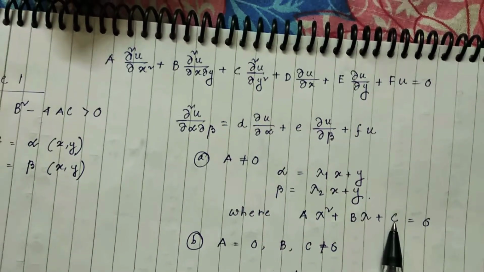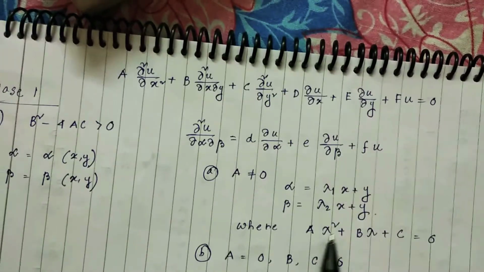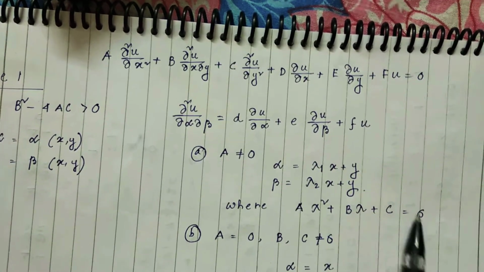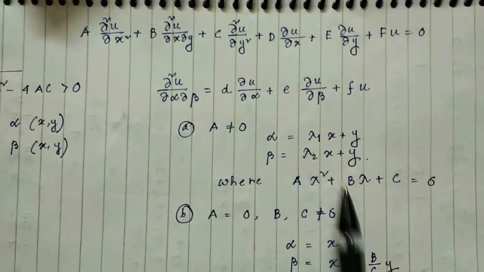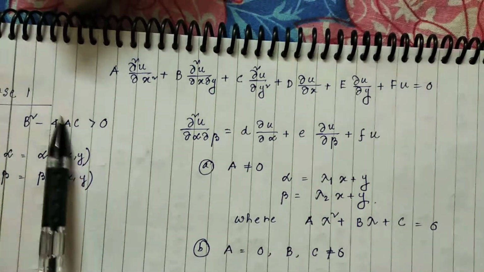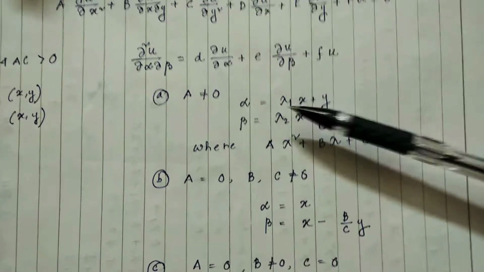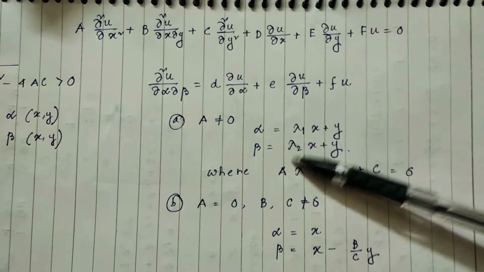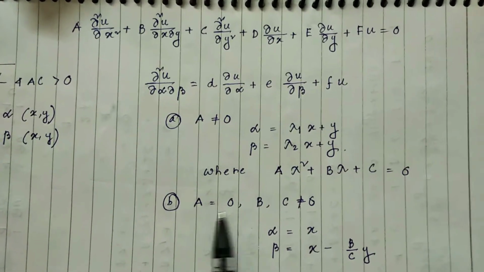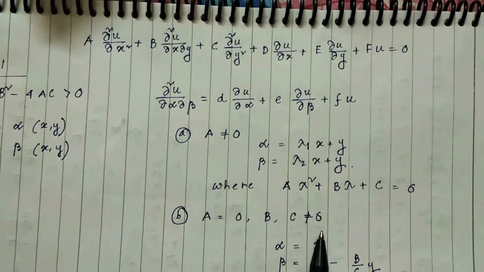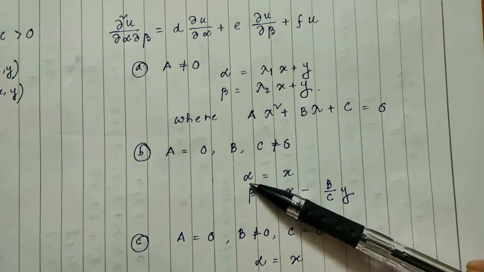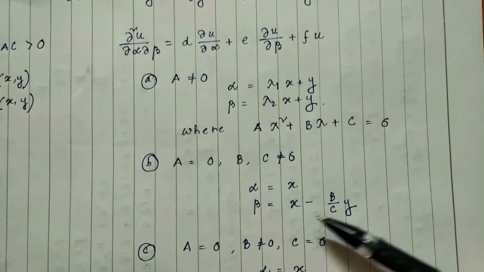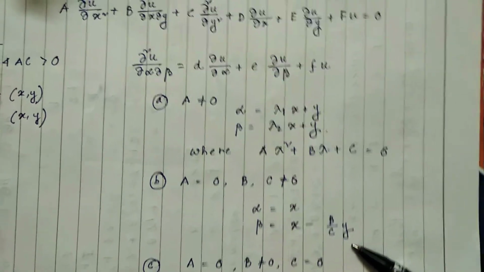What is a, b, c? They come from the original equation. They are all real numbers. This is a second degree equation in lambda. You will have 2 real roots, basically because of this relation, and the real roots are lambda 1 and lambda 2. Whenever a equals 0, and b and c are non-zero, the transformation is alpha equals x, beta equals x minus b by c times y.